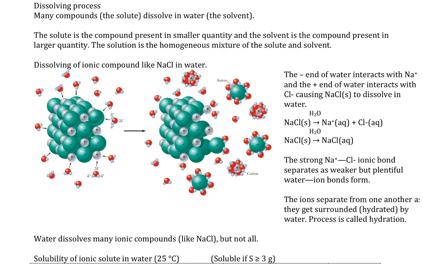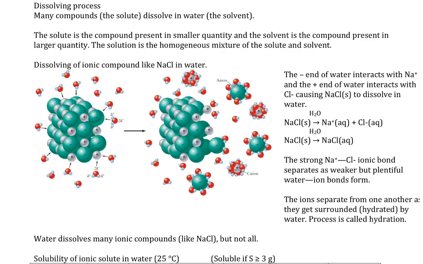So the NaCl is represented by the lattice structure with the green and gray balls. The green would be the Cl minus, the gray would be the Na plus ions that are bonded together through the ionic bond. The water is depicted as the bent structure with the oxygen, the red ball representing O, and the blue balls on the sides of it representing the hydrogens.